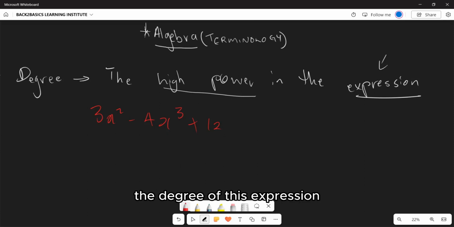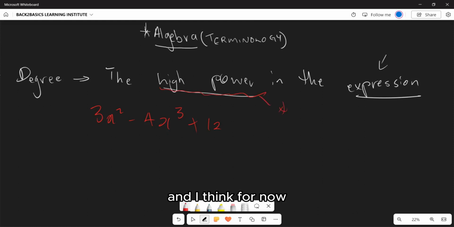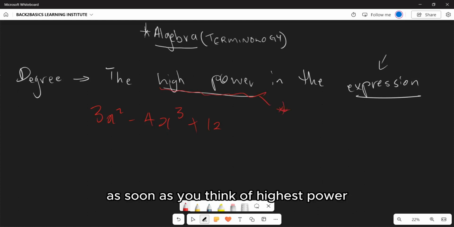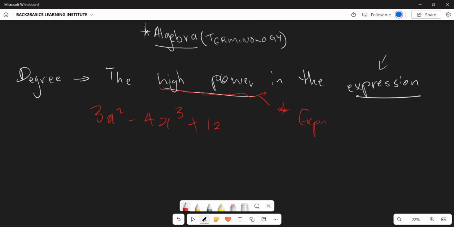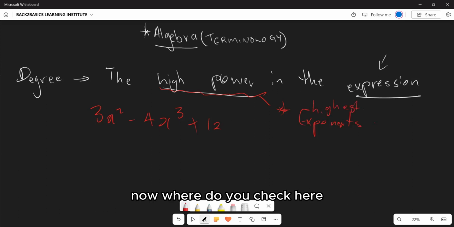Basically, you are going to look at the highest power. And as soon as you think of highest power, you think of exponents, right? So you are looking at the one with the highest exponent. Which one is going to be the one with the highest exponent?